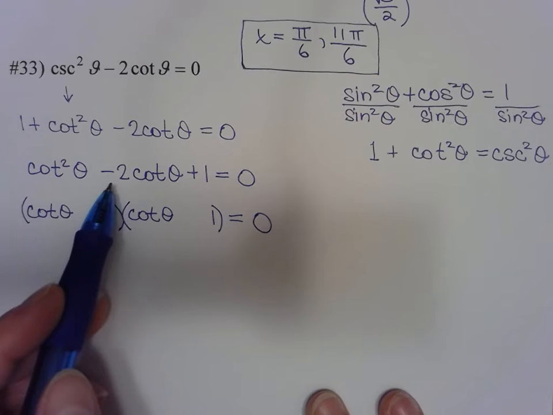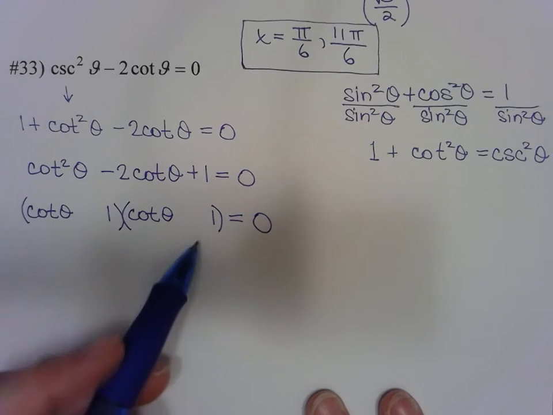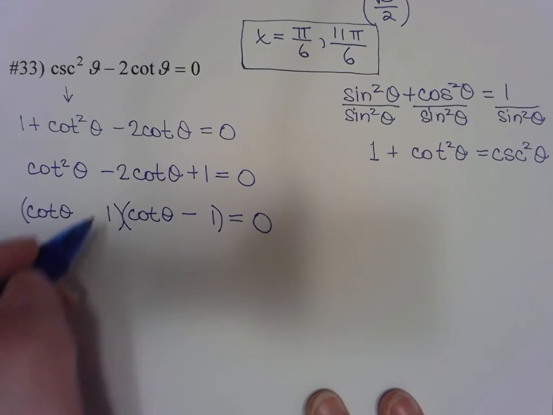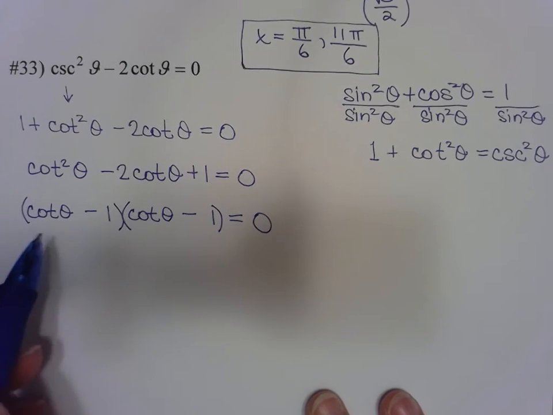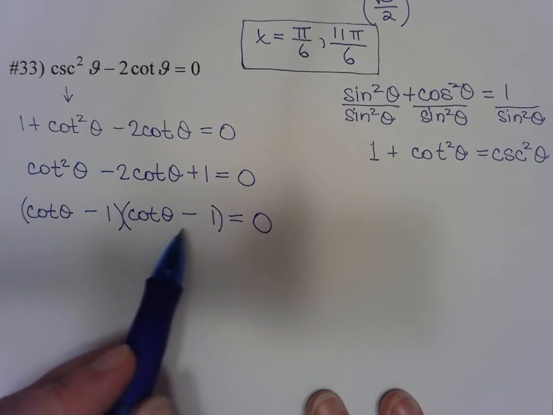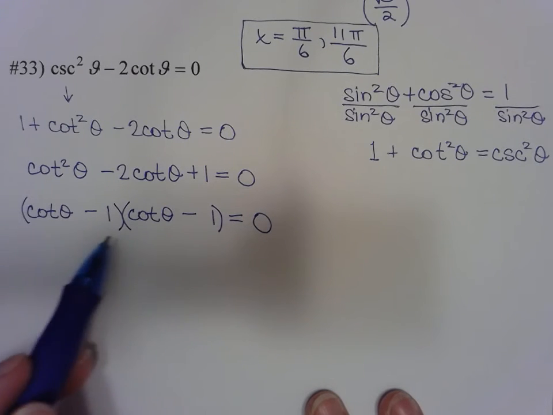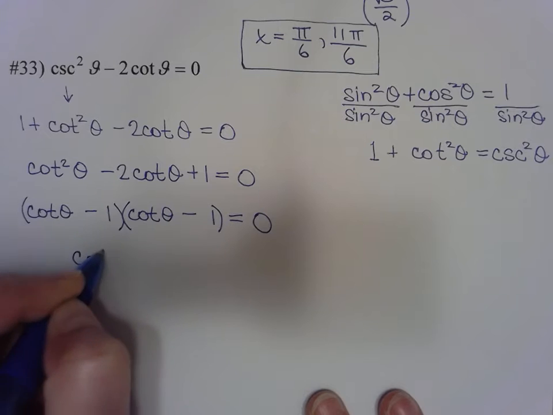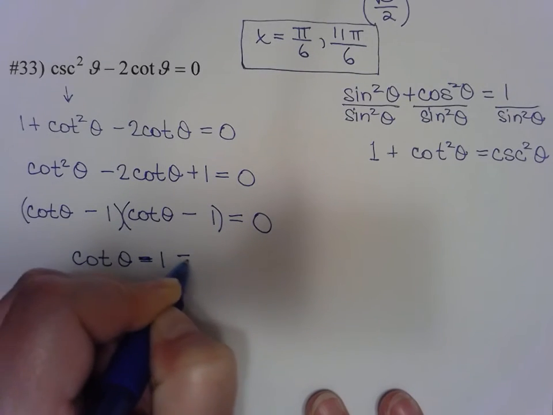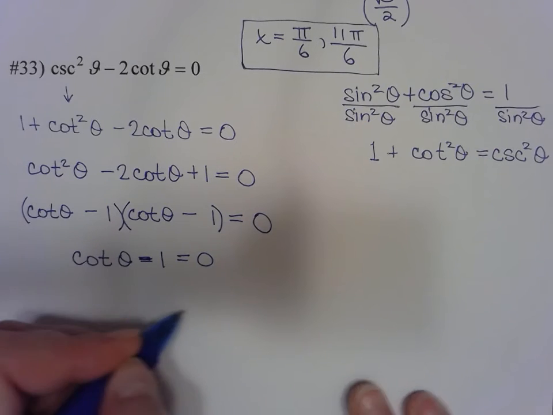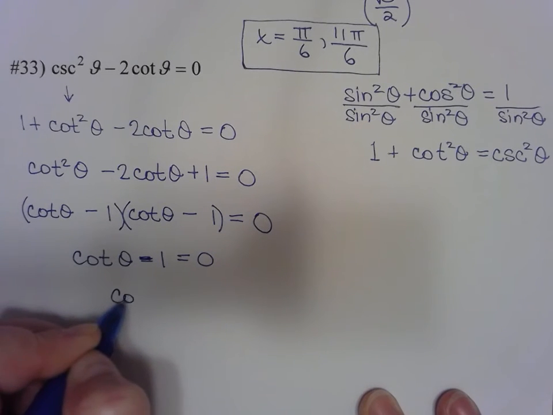And then to get the middle, minus 2 must be a minus cotangent and a minus cotangent. So at this point, I would set each part equal to 0. Since they're both the same, I really only need to do that once. Cotangent minus 1 equals 0. Then I'm going to add my 1 over.